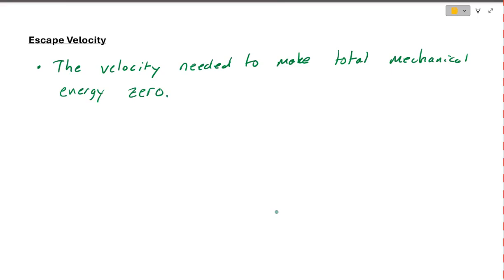Because remember that potential energy we define as being negative. So it would be like saying that we have as much kinetic energy as we have gravitational potential energy.